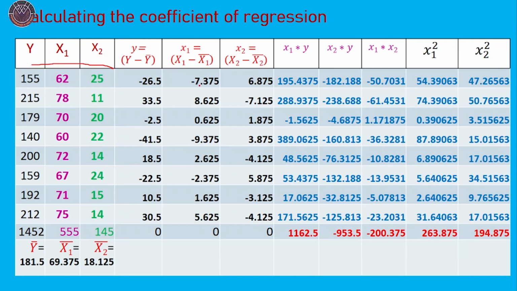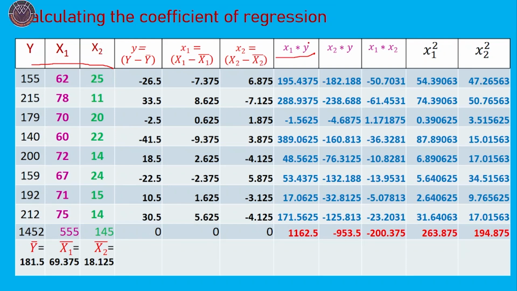From each x1 subtract its mean value: 62 minus 69.375 is minus 7.375. Similarly 78 minus 69.375 is 8.625. So we have got x1. Similarly for x2, from each x2 you subtract the mean, 18.125, and we get small x2.